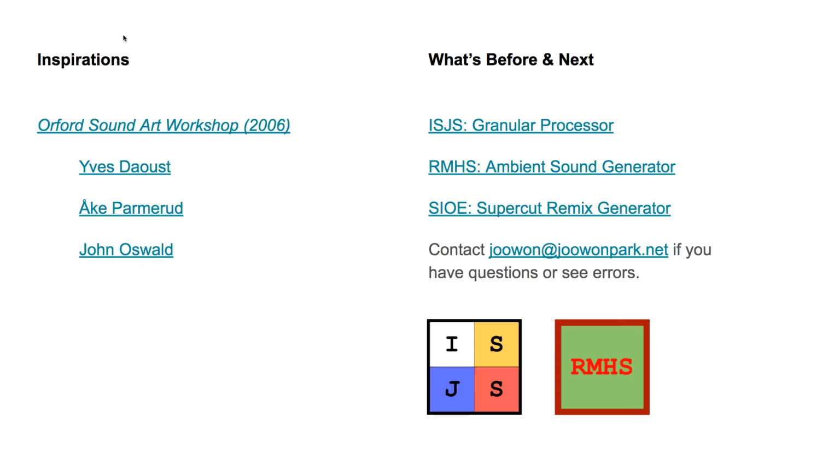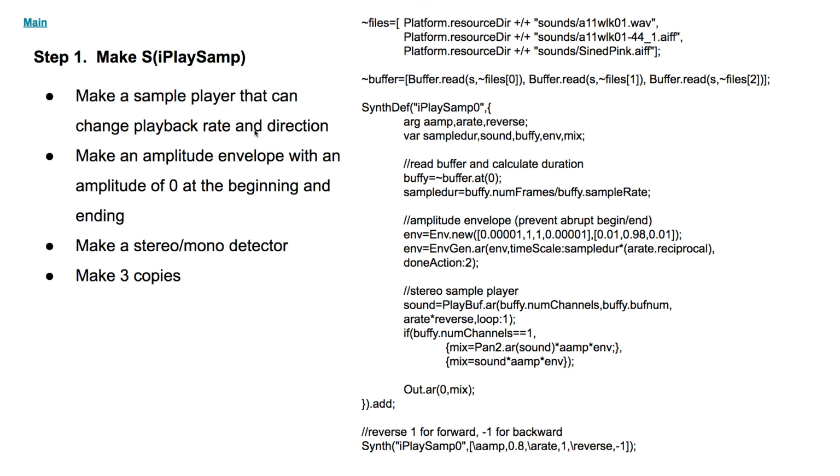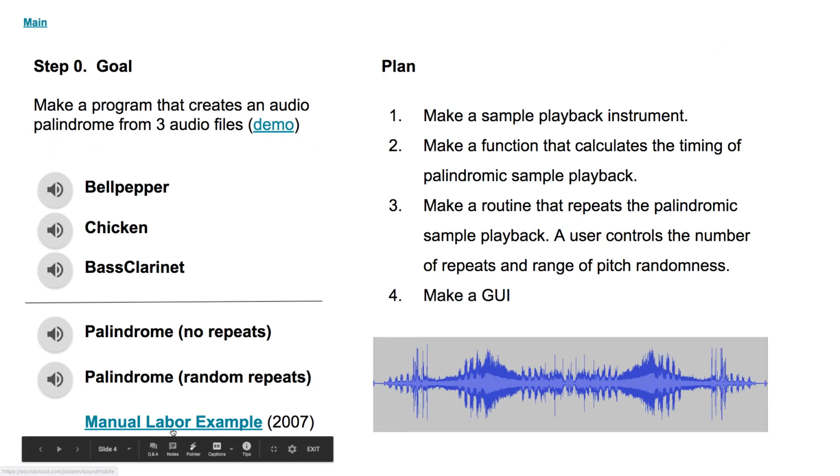But also, I start to list some of the inspirations for the project. This concept of audio palindrome and making those audio palindromes is something that I was able to do during the Sound Art Workshop in 2006. At that time, I was able to do it, but it was all manual.